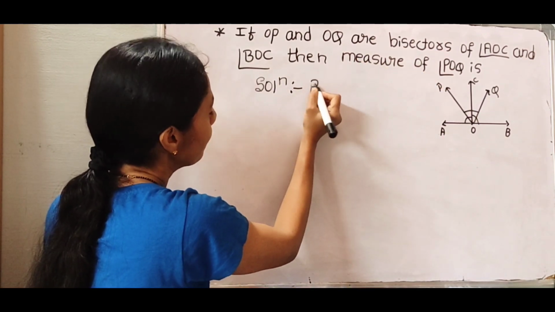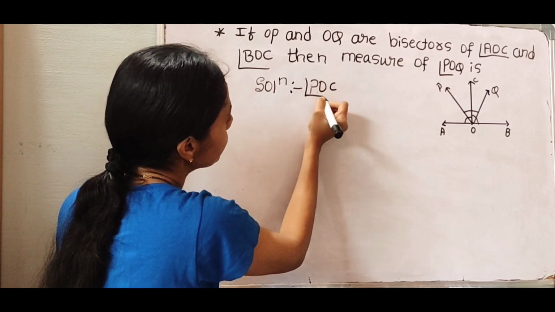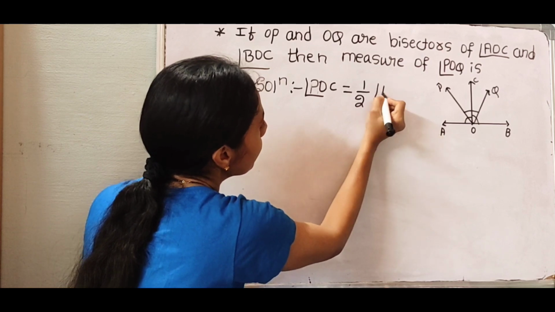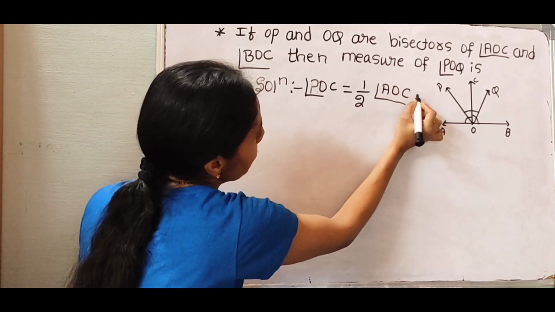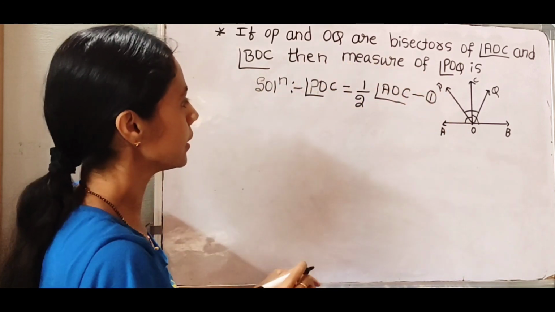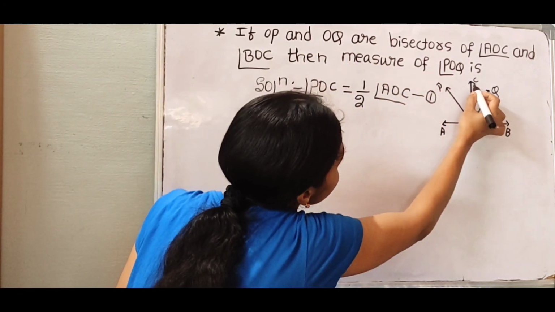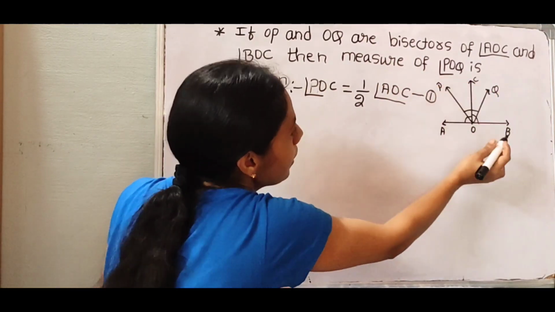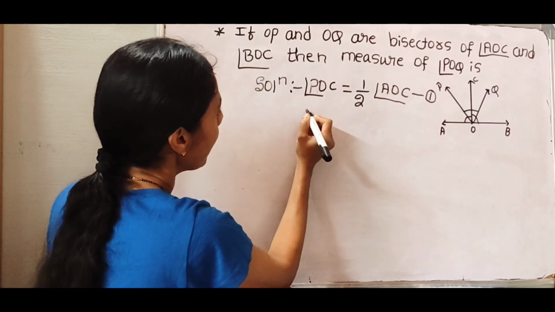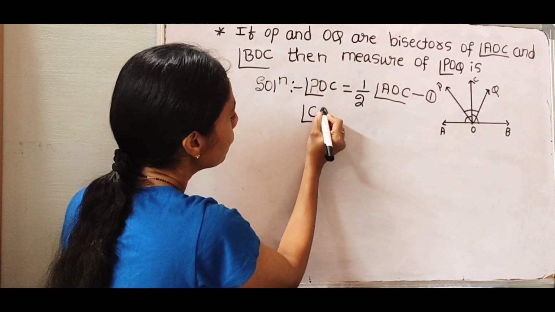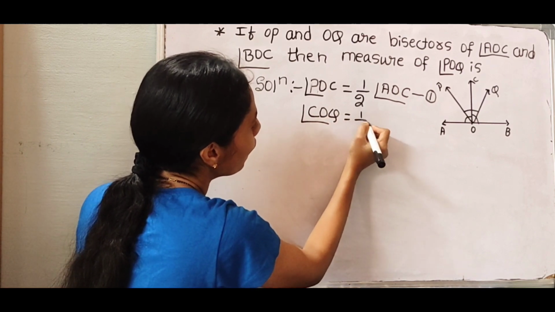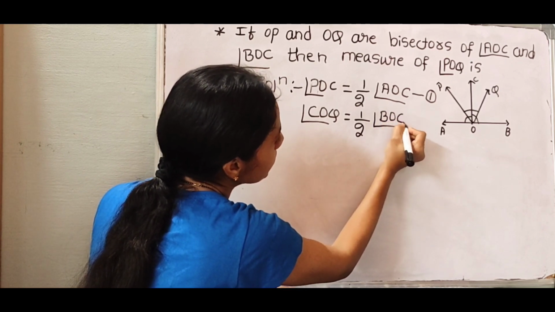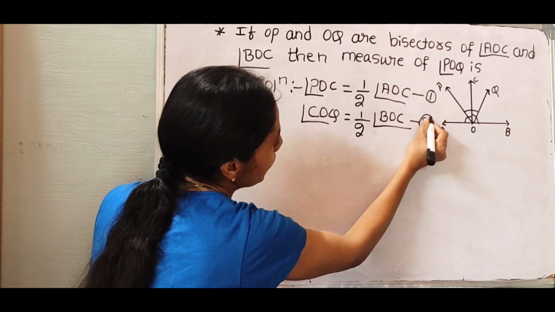This is equation number 1. Then we consider angle COQ is the half of angle BOC. This is considered as equation number 2.